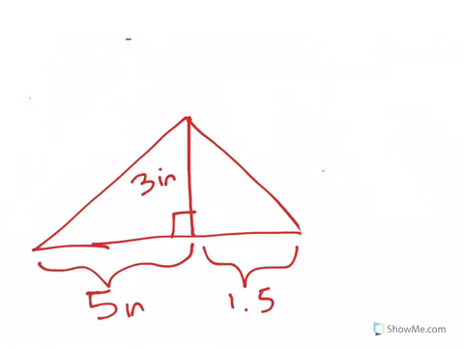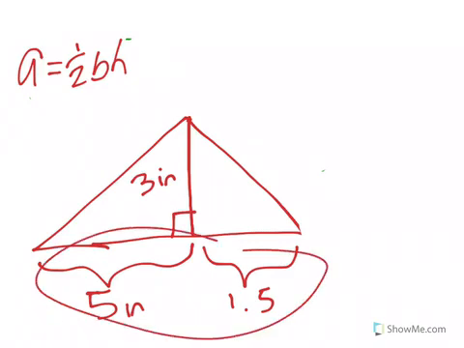Okay, same triangle. But this time we're going to look at area equals 1/2 base times height, and we're going to see if we can just combine this all together to see if we get the same answer that we had before, which was 9.75 inches squared. So if my base is 5 and 1.5, that would be 6.5 for my total base. So all the way across, right?